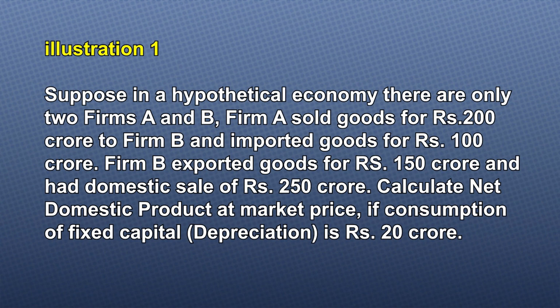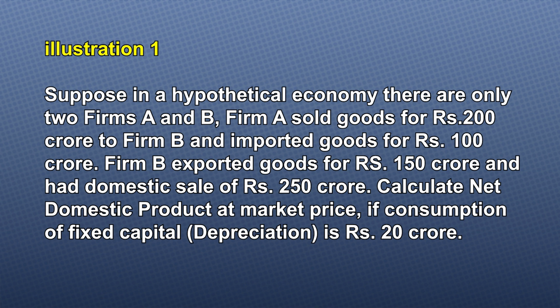Dear students, now we are taking two illustrations to understand how national income can be calculated with the help of value added method. Illustration 1: suppose in a hypothetical economy, there are only two firms A and B. Firm A sold goods for rupees 200 crores to firm B and imports goods for rupees 100 crores.